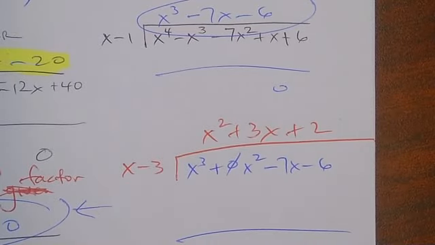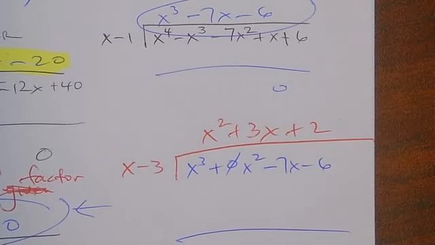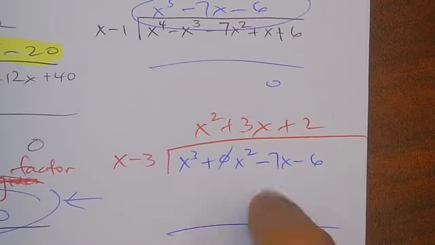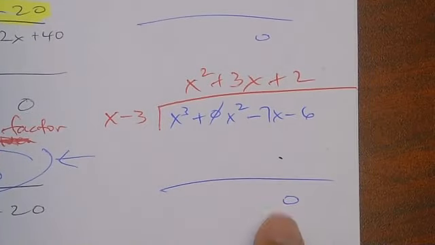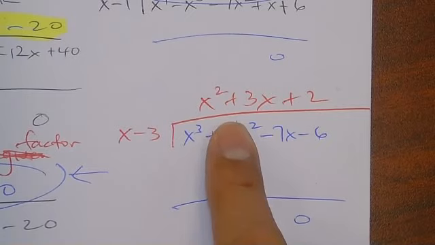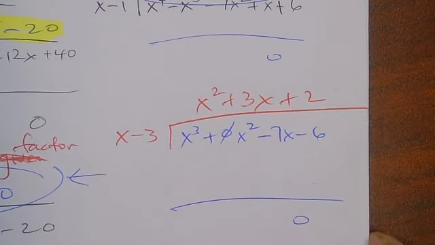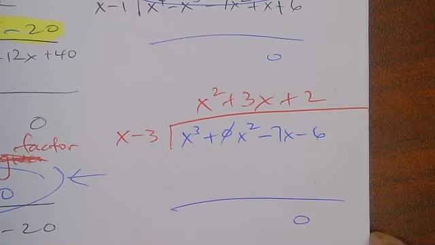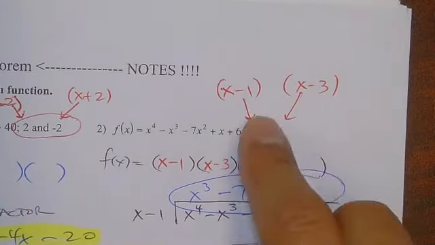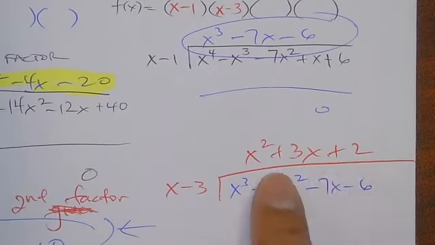Okay, so that would be x squared plus 3x plus 2. This is 1x squared plus 3x plus 2. When you do the long division, I know you're not doing it now, but I'm telling you, if you get it right, and you know you got it right because we get remainder 0, you'll get this x squared plus 3x plus 2.